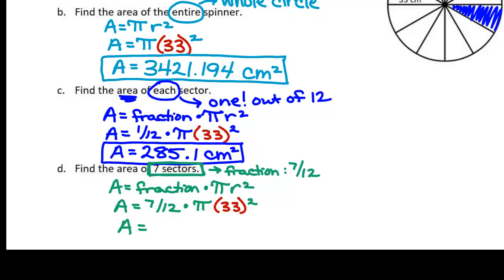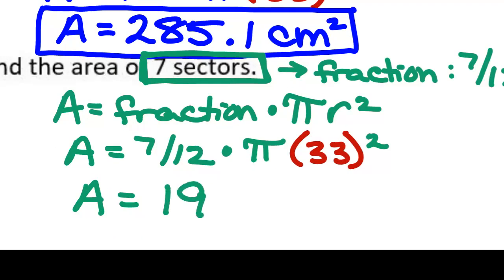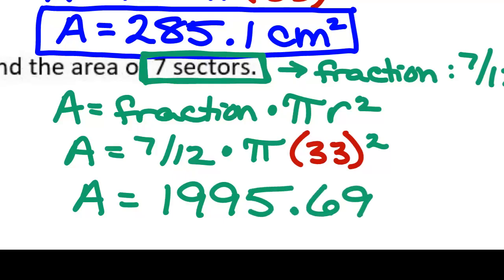What do we get when we do 7 out of 12 times pi times 33 squared? 0.7, or 0.696, 0.697. I'm not going to get picky. I rounded the last one to just one decimal place. I'm going to take this one out further. But if you write 1995.7, I would give you full credit for that.